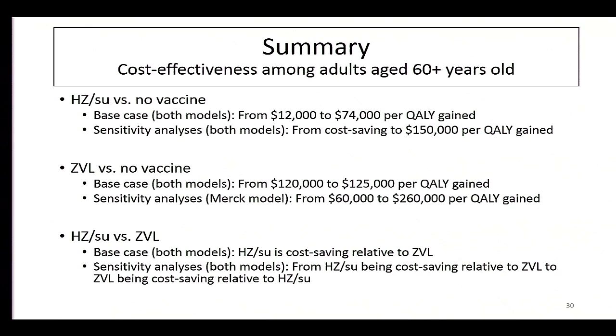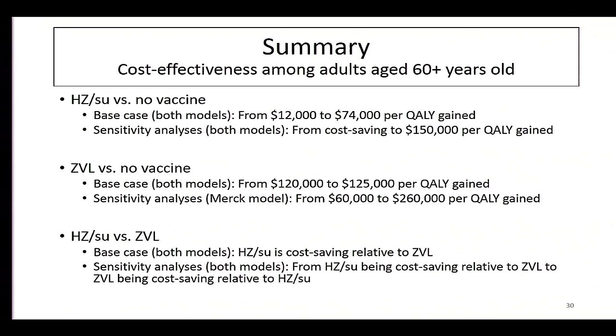With sensitivity analysis, this range broadened to be from cost saving to $150,000 per quality gained. In the scenario of the live vaccine versus no vaccine, looking at the base case, the cost effectiveness was $120,000 to $125,000 per quality gained. For sensitivity analysis, only Merck did sensitivity analysis on the live vaccine. The range was $60,000 to $260,000.